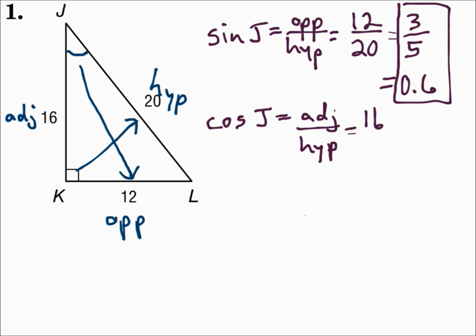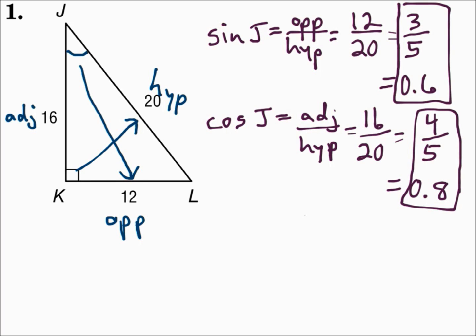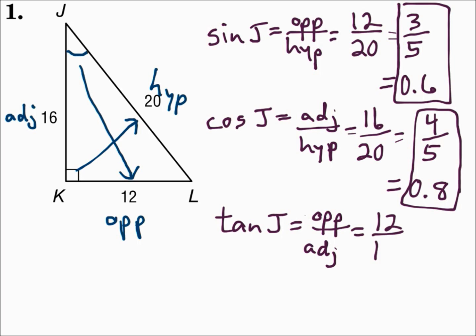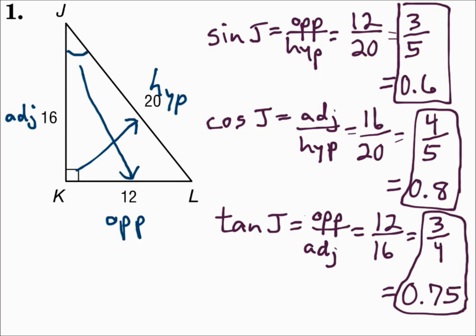Adjacent is 16, hypotenuse is 20. That reduces to 4/5, which is 0.8. Tangent of J equals opposite over adjacent. Opposite is 12, adjacent is 16, which reduces to 3/4, and as a decimal, it's 0.75.